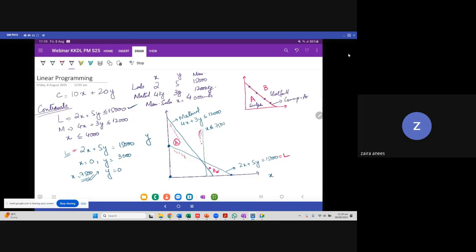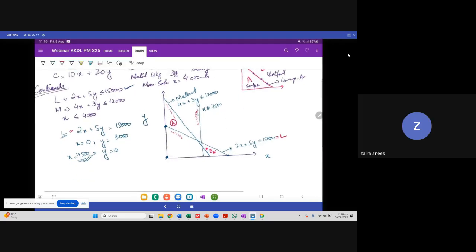So this is generally how we prepare the graph, and then we identify the feasible area. In very easy terms, if all constraints are less than or equal to constraints, then the area right above the origin is supposed to be the feasible area. In this case, it is this, right? Because this is the area beneath all constraints.